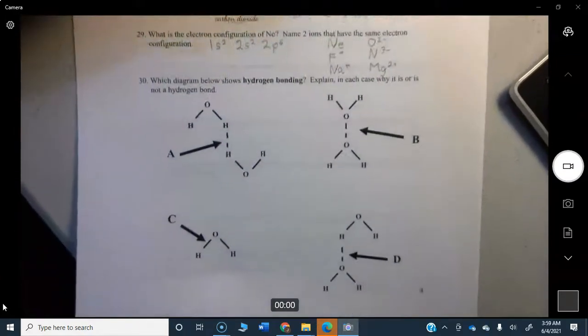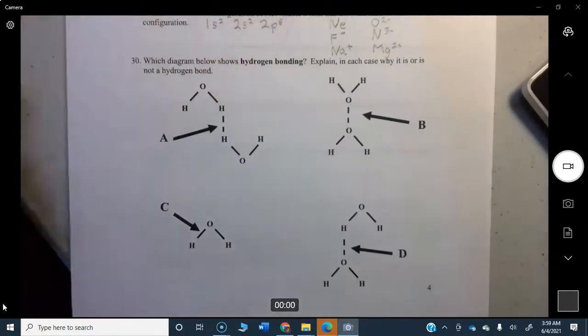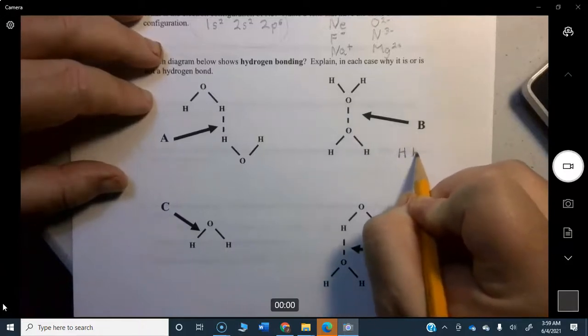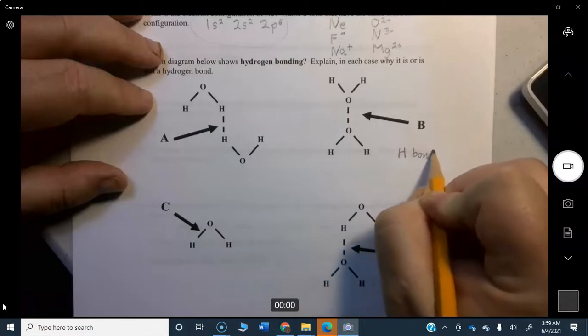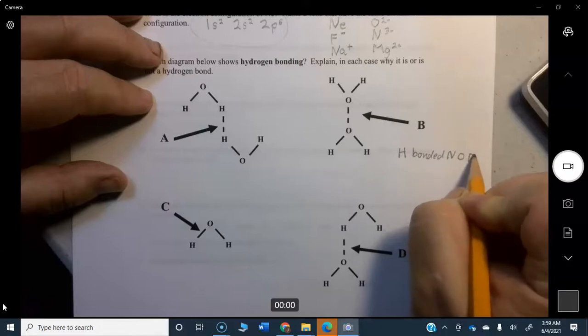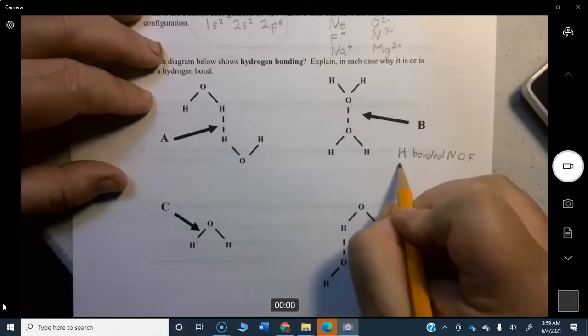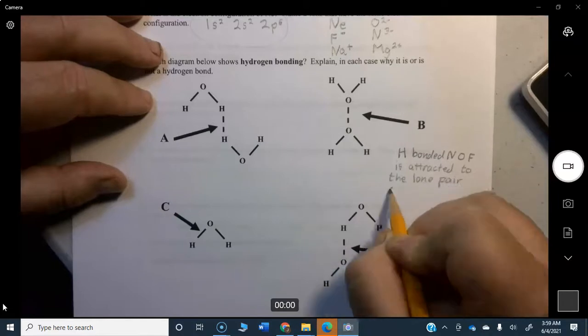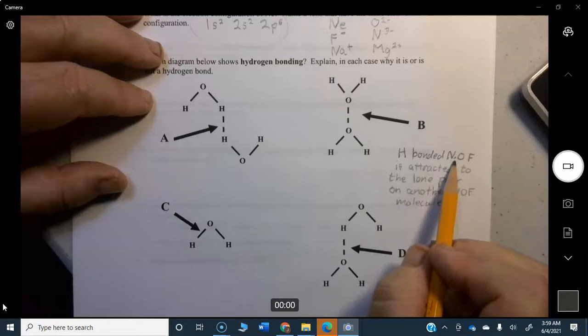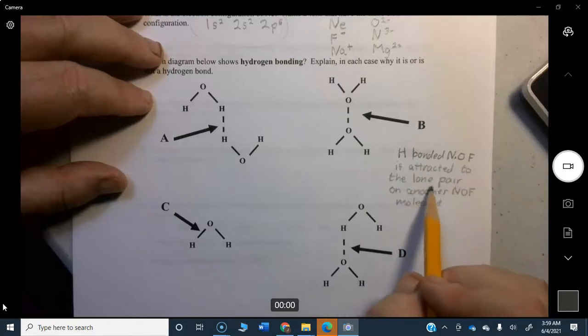Okay, let's come on down here. I helped a lot of you with this problem, and that's because I knew it was going to be on the test. So which one shows hydrogen bonding? A hydrogen bonded to either a nitrogen, oxygen, or fluorine is attracted to the lone pair on another nitrogen, oxygen, or fluorine molecule.